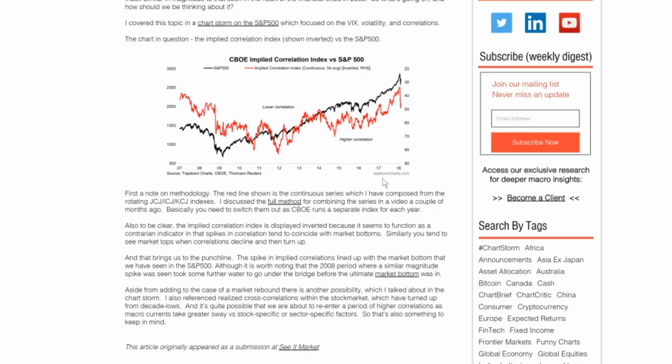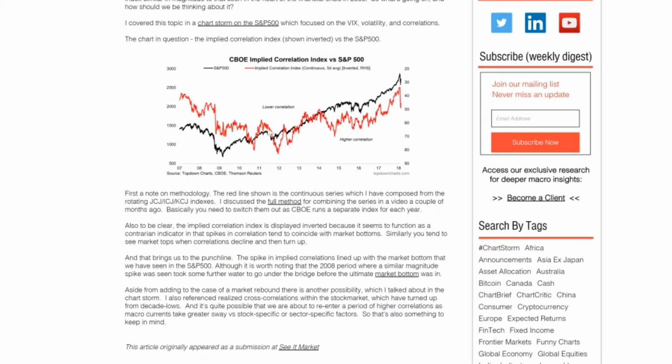You can't just join the new one onto the very end of the last one, because they tend to drop off in the later stages into the expiry. But anyway, it's a continuous series, and I've used a 5-day moving average to smooth it, just because it can be quite a noisy series.